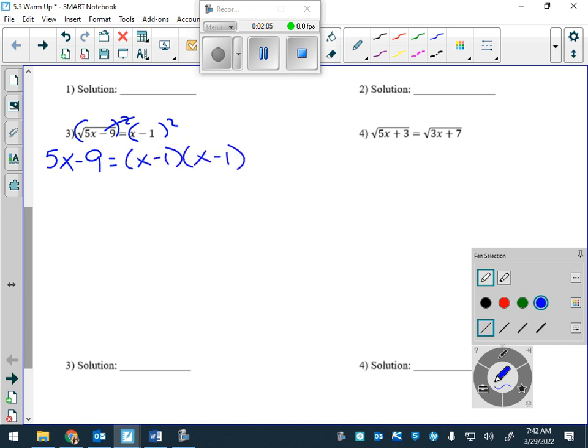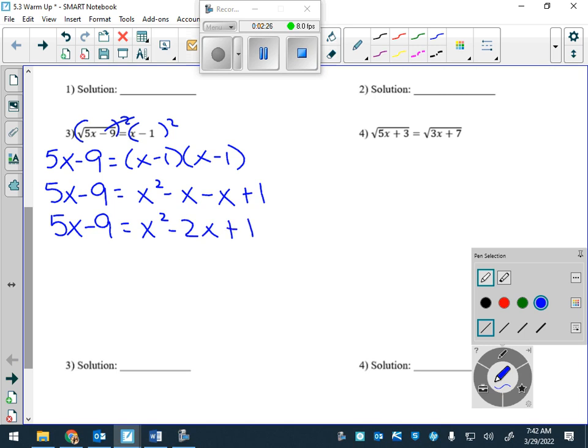Okay, I shouldn't see x squared plus 1 on your paper because there's middle terms there. So we have 5x minus 9. If I was to FOIL, okay, then combine like terms. Okay, since I have an x squared term, I have to move everything over and set it equal to 0.